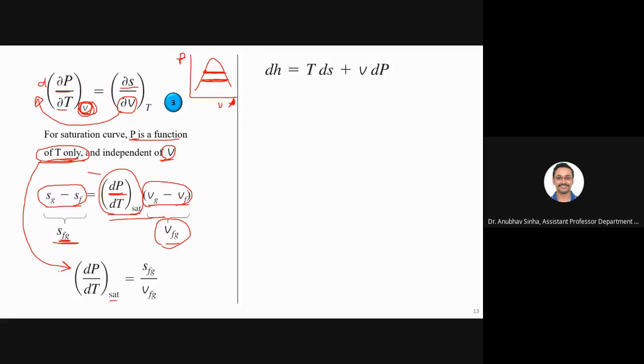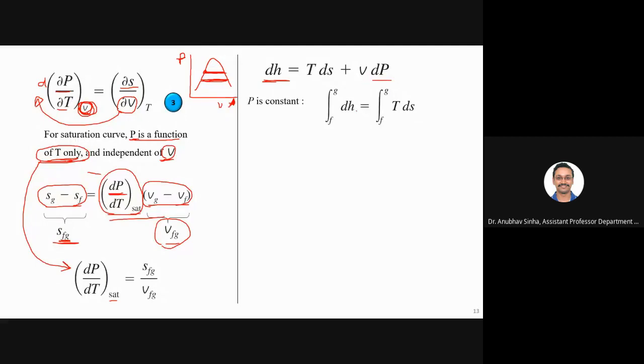So now let us talk about enthalpy. This is what we have seen, the Gibbs function. Now for constant P, dP will be 0.